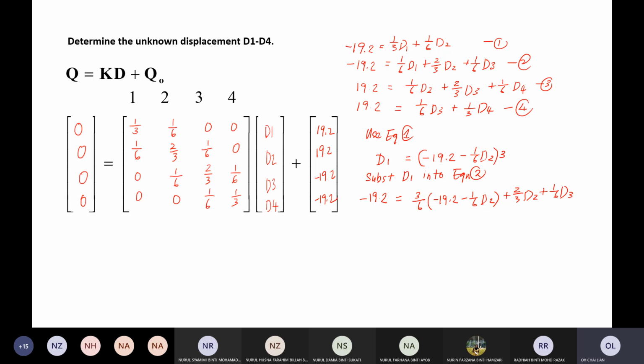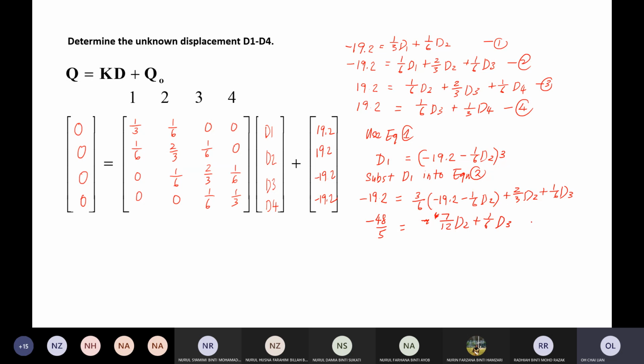Then we simplify the whole thing here. So it will be negative 19.2 plus... you get negative 48/5 equal to... becomes 7/12 D2 plus 1/6 D3.